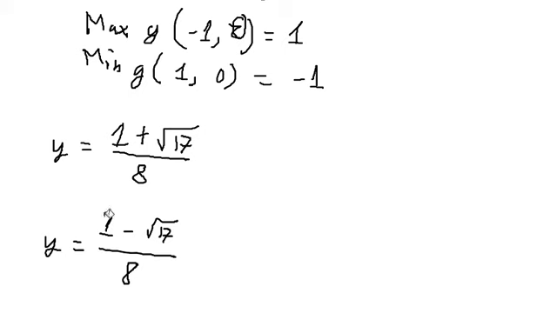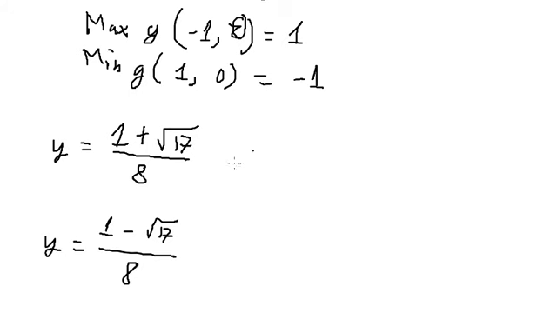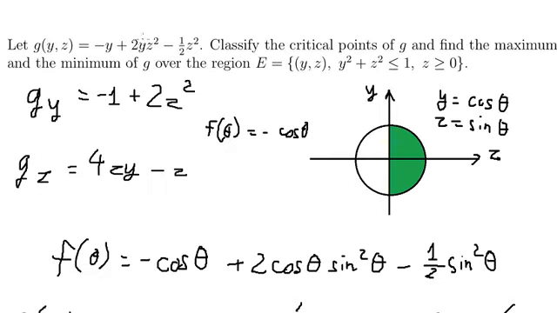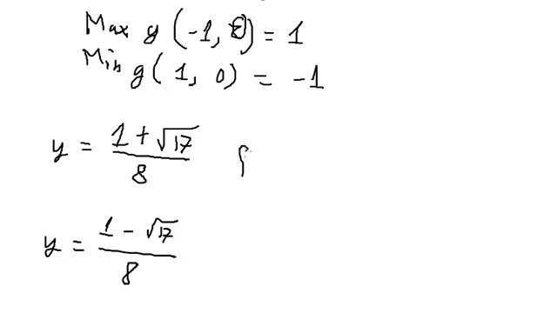So after we have y and y, we can put this one go back in here. So we just have only z. So I will choose f of z.